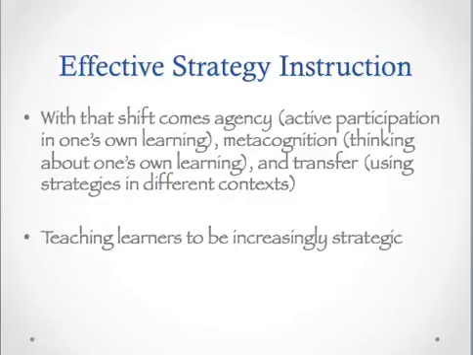always with the idea that they're going to become increasingly more strategic. And this, I think, is what we found in our work that has been so powerful. And that is that with this shift comes agency, comes a sense of being in control of one's own learning and thinking about one's own learning, and then being able to transfer it in different contexts.